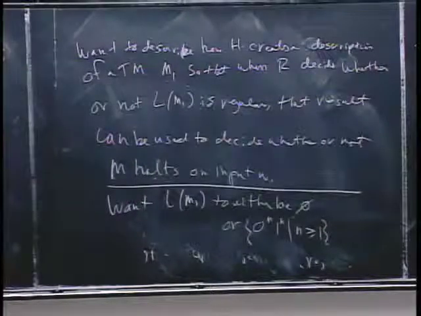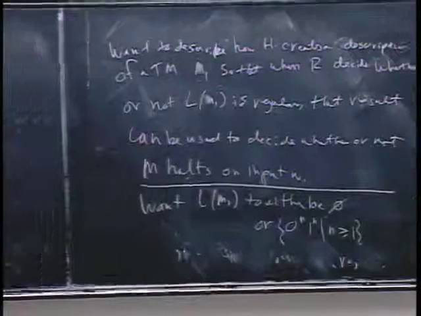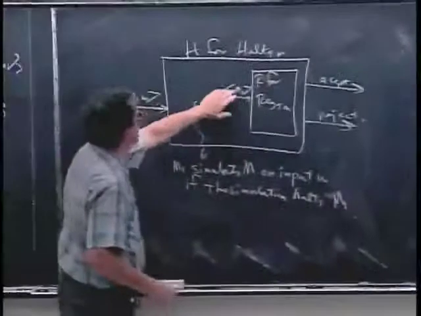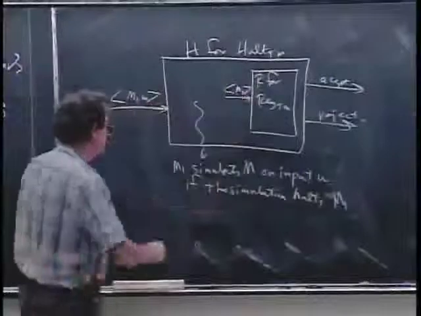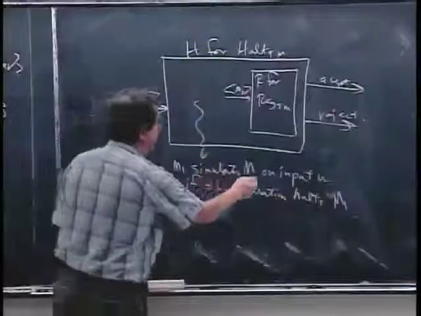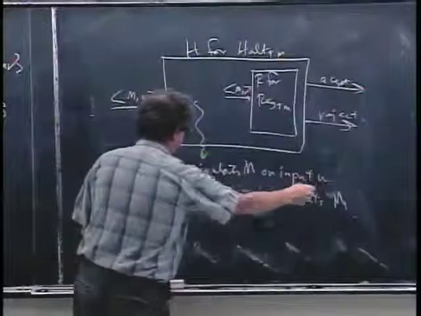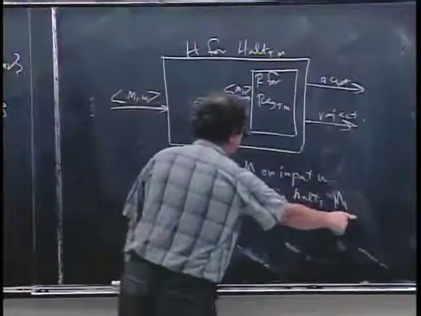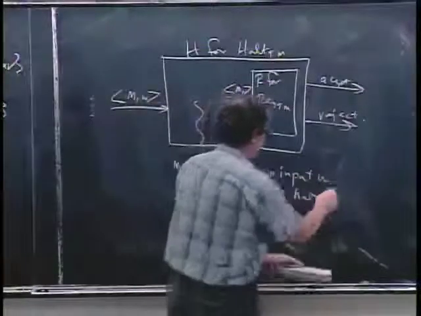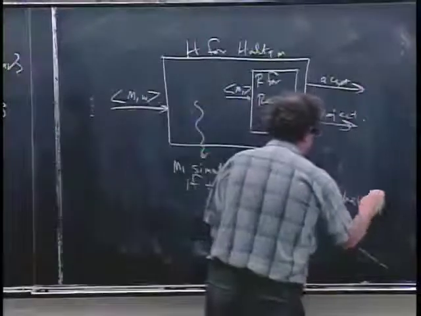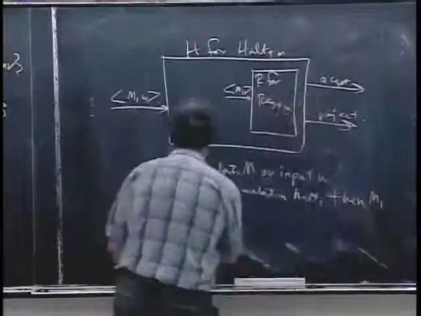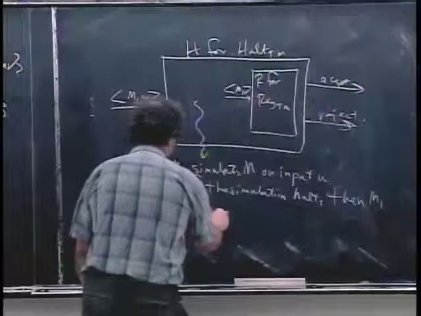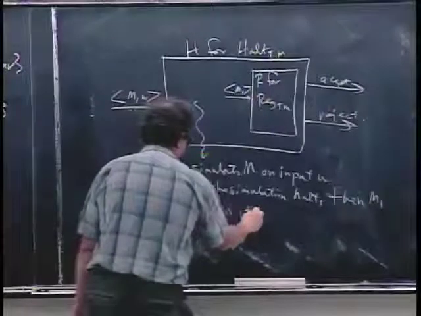Okay. So we're building this, H is building this machine M1. And what does M1 do? M1 simulates M on input W. Okay? And if the simulation halts, then M1 takes in its input.